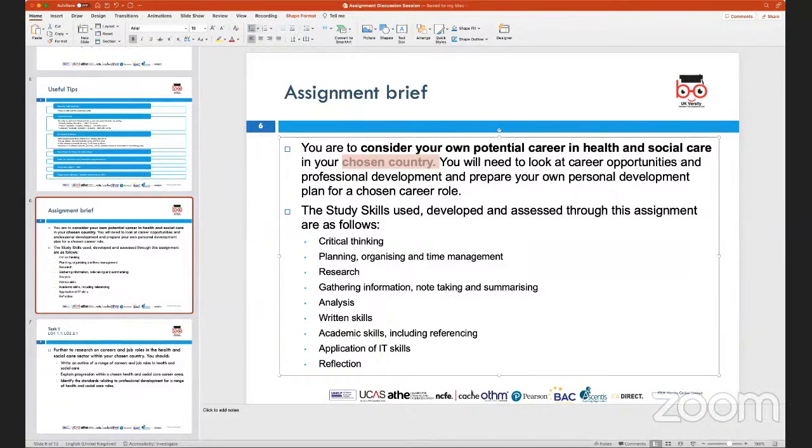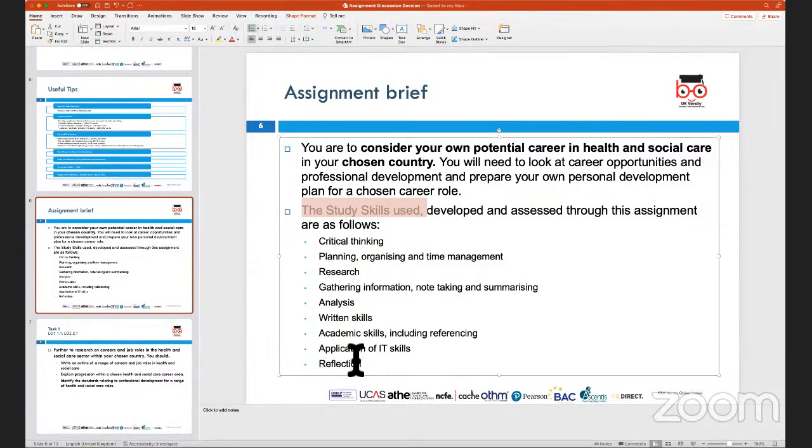So essentially, when we talk about starting the assignment, have a career role in mind, look at what you want to do. Then we need to evaluate ourselves from the point of view of how we plan, organize, do time management, research, gather information, take notes and summarize, and analyze our own skills, in terms of written skills, academic skills, referencing skills and IT skills.